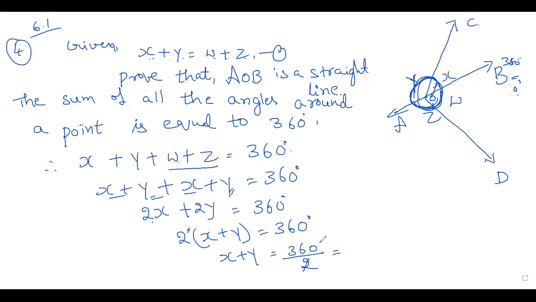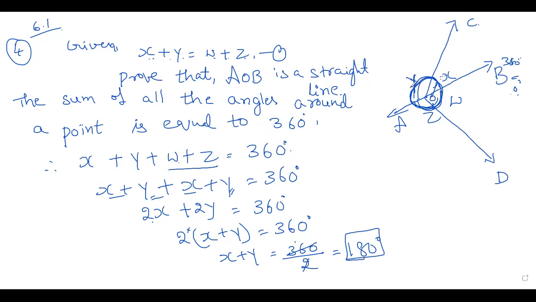Divide this. How many times is it divisible? It is 180. 2 ones are 2, the remainder is 1. Now it is 16. 2 eights are 16, write 0. That is 180. See, x plus y is coming to 180.